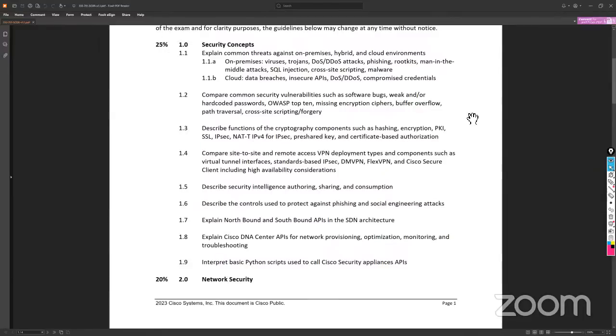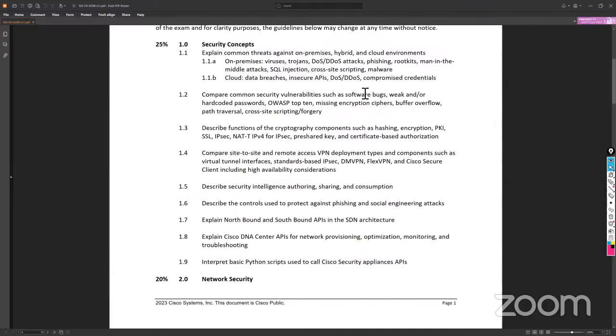Always look at these initial keywords within the Cisco blueprint topics. None of these keywords say implement or configure. All they want is for you to be able to explain what common threats are, the different types of malware, and, from a cloud perspective, what insecure APIs are.